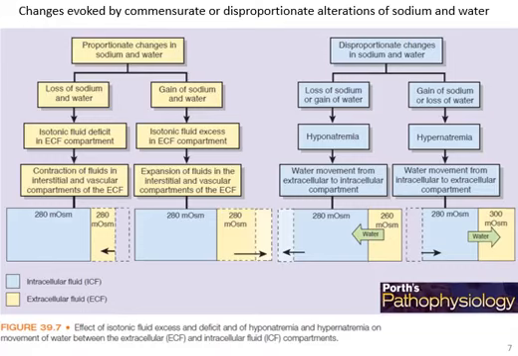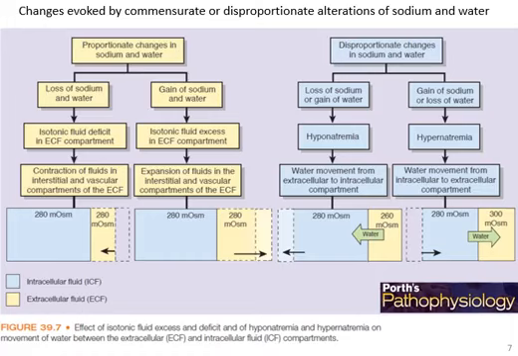It goes for isotonic fluid deficit as well, when parallel increase in aldosterone and ADH concentration will manage the situation. However, it is not the case in isotonic fluid excess.